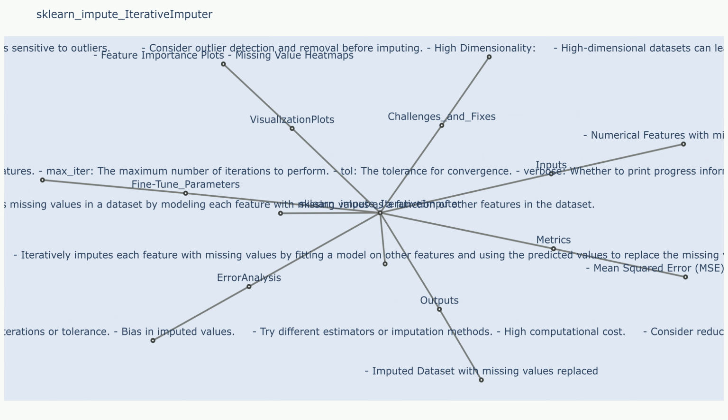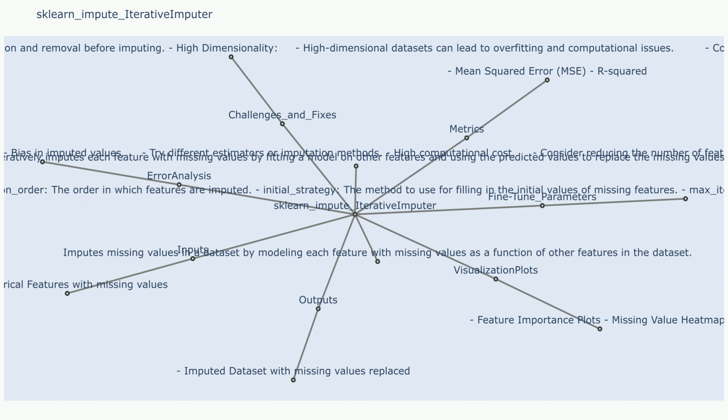Challenges and fixes. Challenge 1. Overfitting to the training data. Sample use case that resulted in challenge 1: using a highly complex estimator like a deep neural network for imputation when the dataset is relatively small or the relationships between features are nonlinear. Fixes to challenge 1. Regularization.